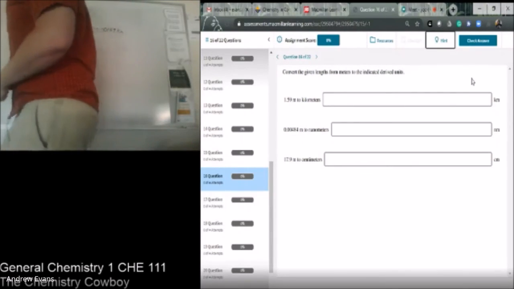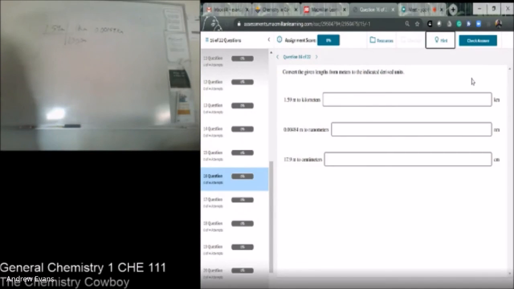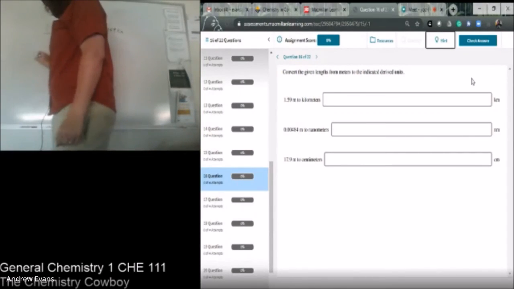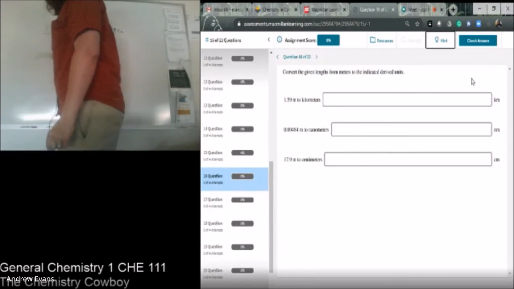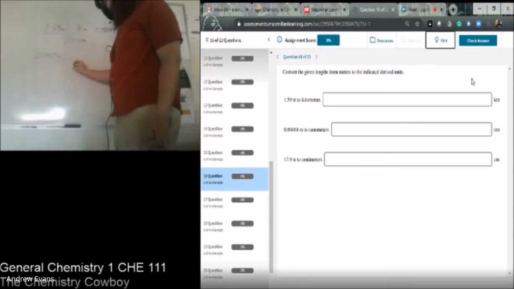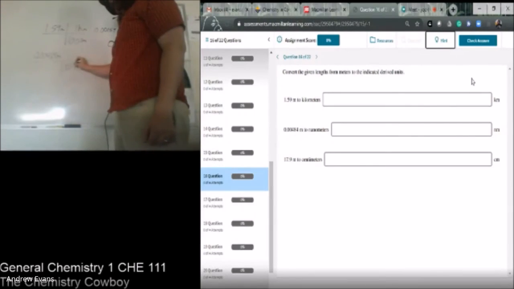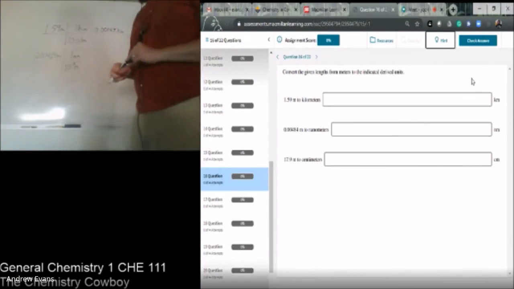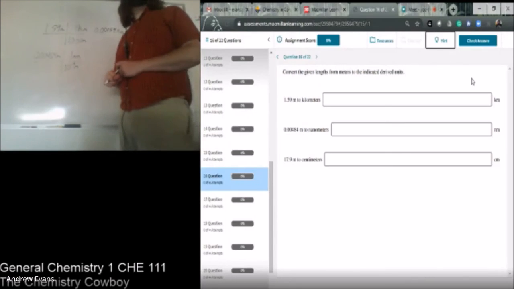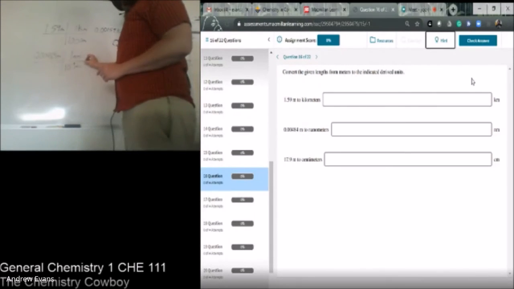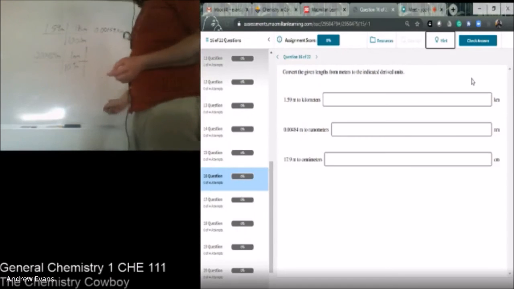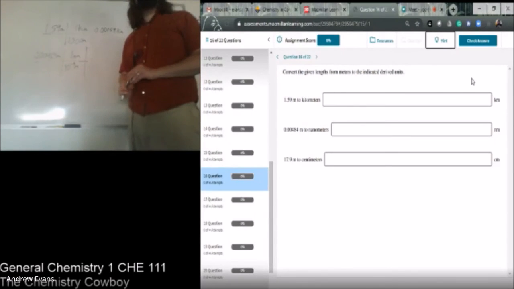We have 0.00484 meters. We're going to nanometers. In 1 meter, there's 10 to the negative 9th meters in 1 nanometer. There's a whole heck of a lot of nanometers in 1 meter. In case you goof this up, think about this.